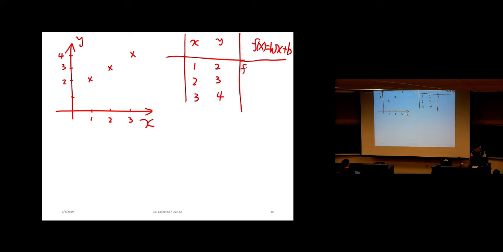Elementary, right? f1 equals w plus b. What is f2 now? Elementary school, right? 2w plus b. And f3, what is f3 now? 3w plus b.